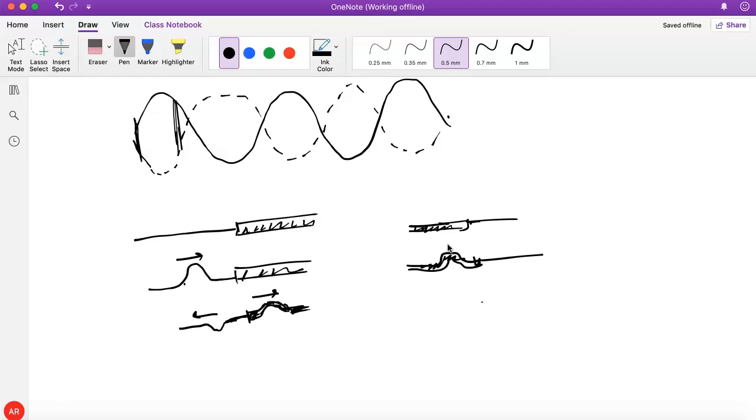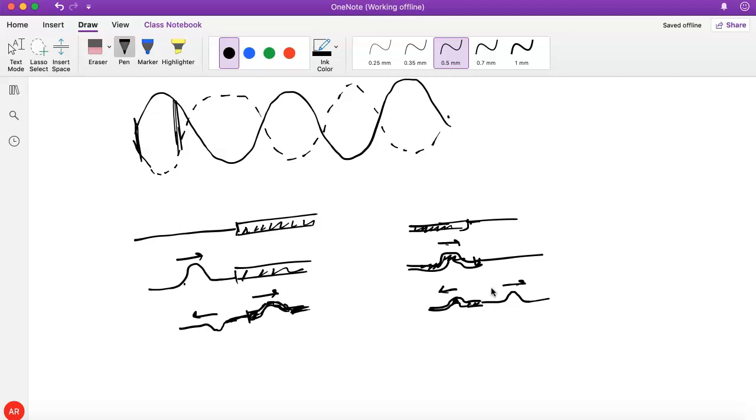It will look something like that when it's reflected. It comes back this way, and you're going to get some part of it going the other way into the lighter medium.